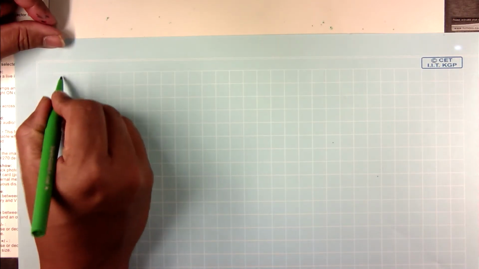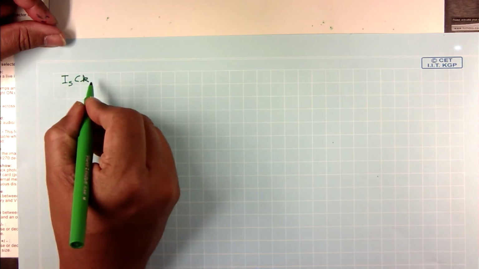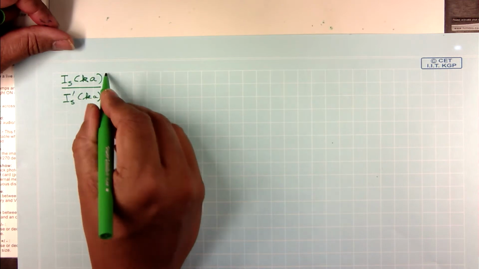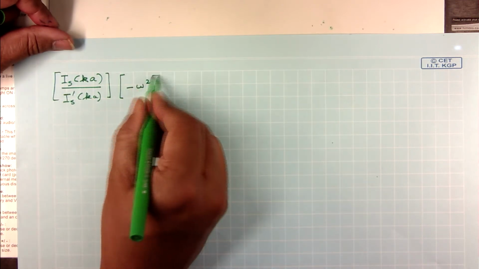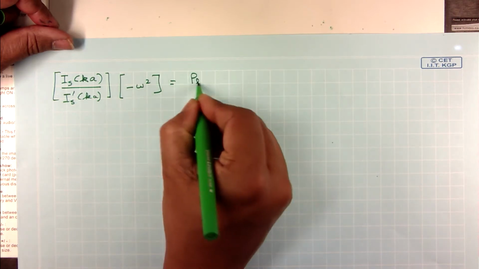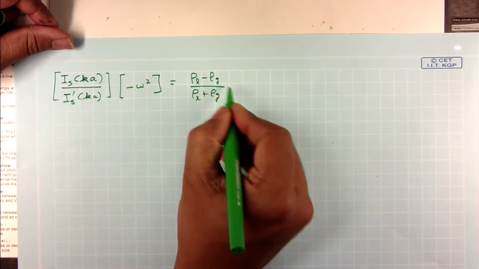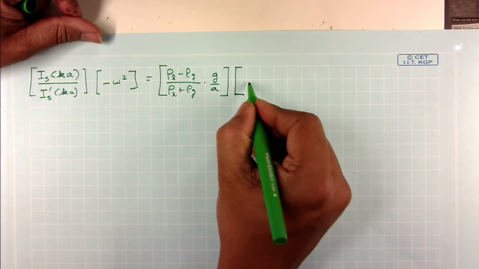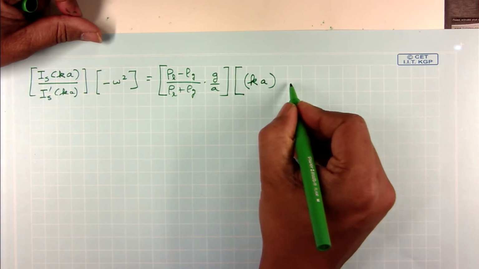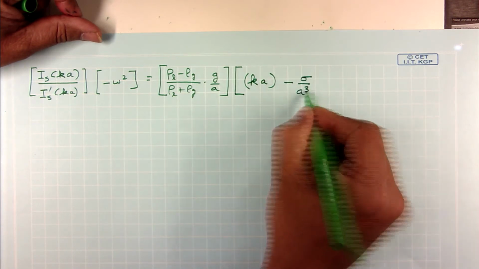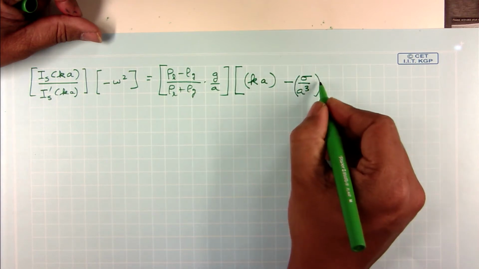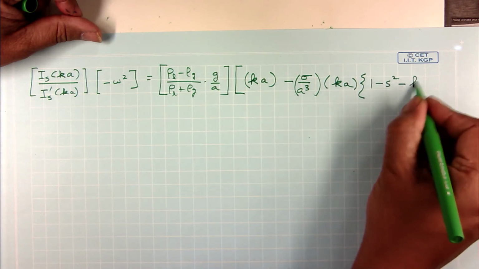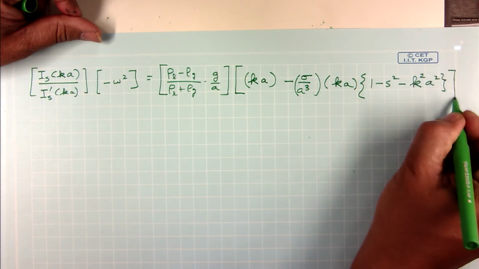Okay, so the dispersion relationship looks something like IS K A divided by IS prime K A, I will come to what I mean by IS and IS prime, times minus omega square, and you will end up with rho L minus rho G divided by rho L plus rho G times G by A, okay, and then times K A minus sigma divided by A cubed times K A times 1 minus A square minus K square A square. Okay.